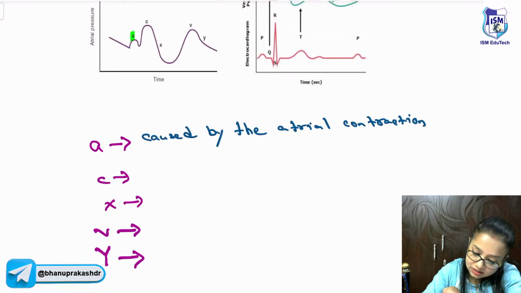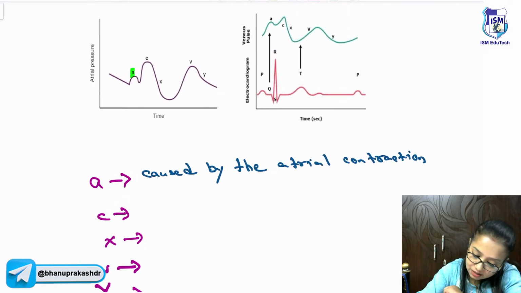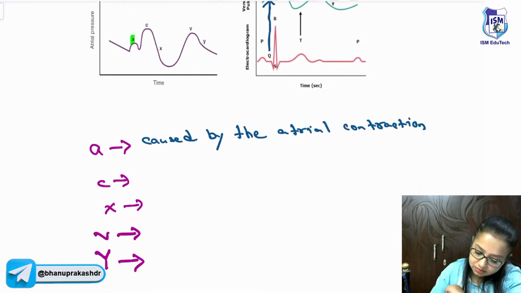Now, you can see here, this A wave is the one which coincides with the PQ interval. Here you see it coincides with the PQ interval. The A wave is the contraction of the atrium.